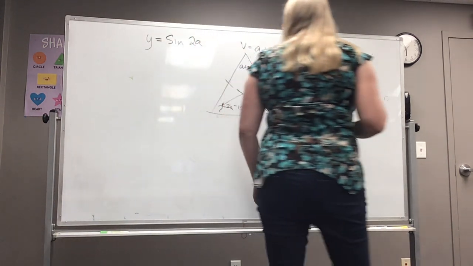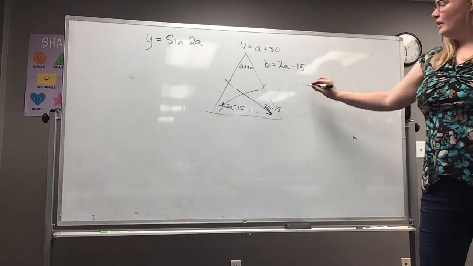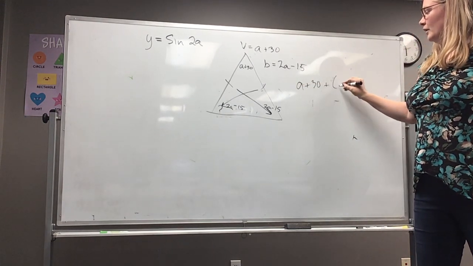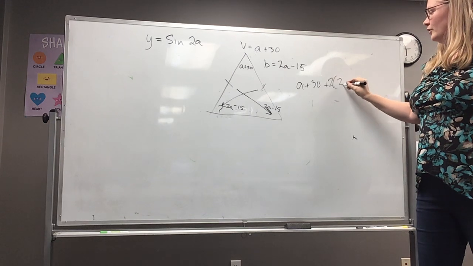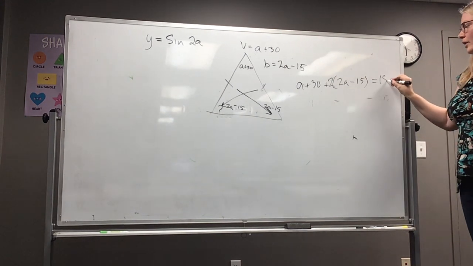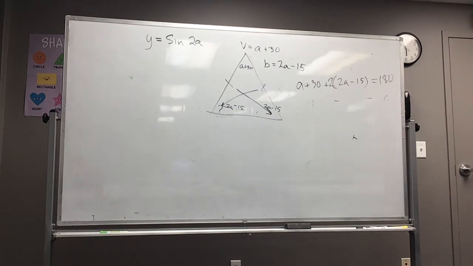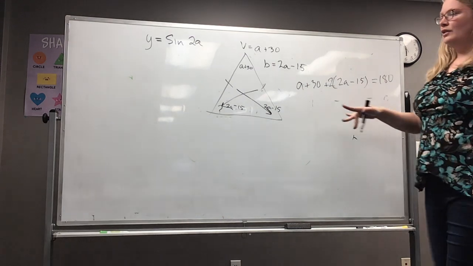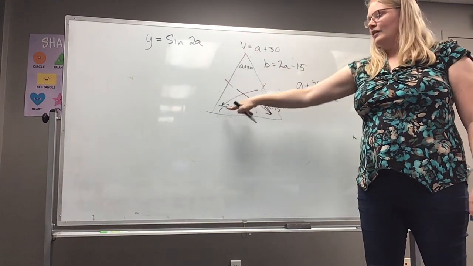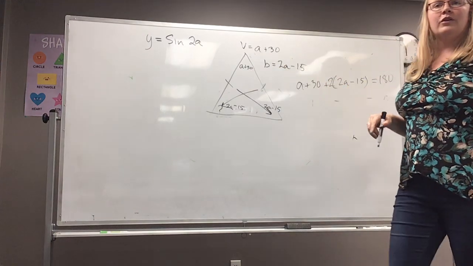And so if you added all those angles up, you would get a plus 30 plus 2 times 2a minus 15, and it still equals the 180 of the whole triangle. So it gets very solve heavy, but you need to understand isosceles triangle, these angles are the same, the vertex is itself.